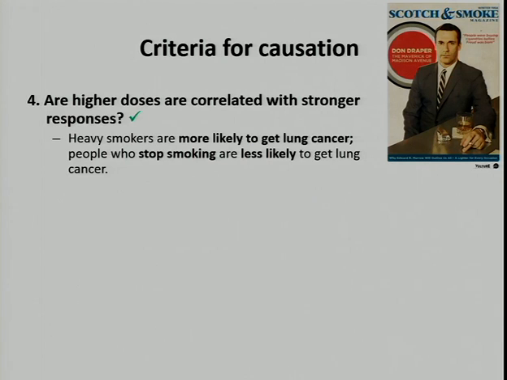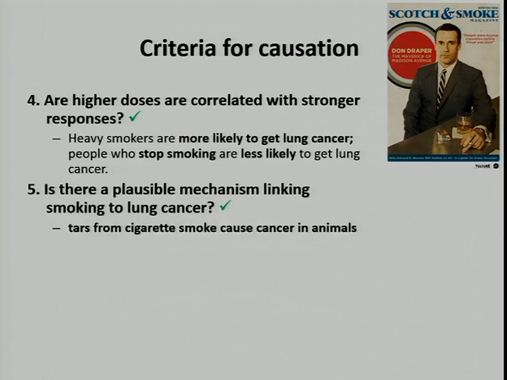High doses also seems to be clearly true. The more you smoke and the longer you smoke, the more likely a person is to get lung cancer. If people stop smoking, that decreases the likelihood that they will get it, and so on and so forth. So that again seems to be a really clear and elegant relationship.